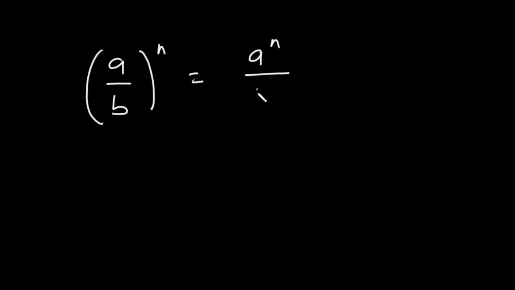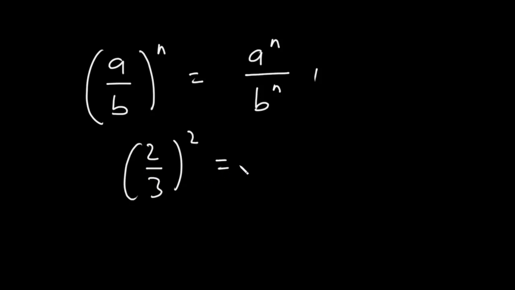How about if you have a fraction with an exponent? Let's say you have a over b exponent n. Now you need to distribute this n across. So it's going to be a exponent n divided by b exponent n. Now let's take an example. Let's say you have 2 over 3 exponent 2.